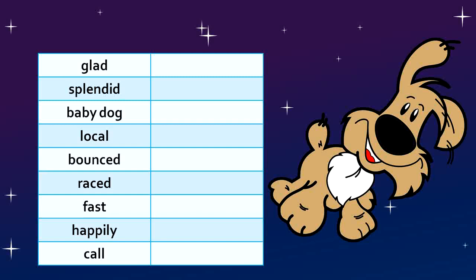So for glad, we have to use another word. What can we say? We can say happy, isn't it? For splendid, we could say wonderful. Now, I think you know what a baby dog is called. Yes, it's a puppy. And the places around your home, your local places can also be called neighborhood. Very good. You've learned all about your neighborhood, haven't you?